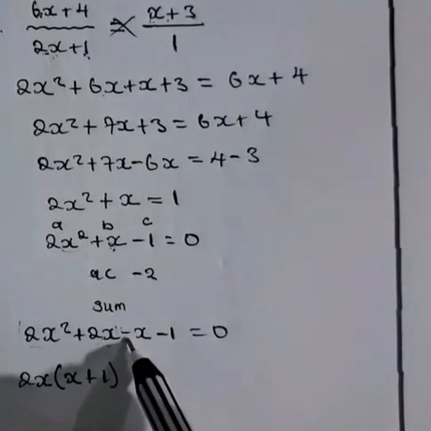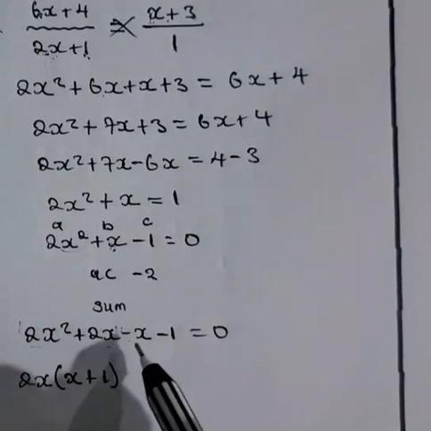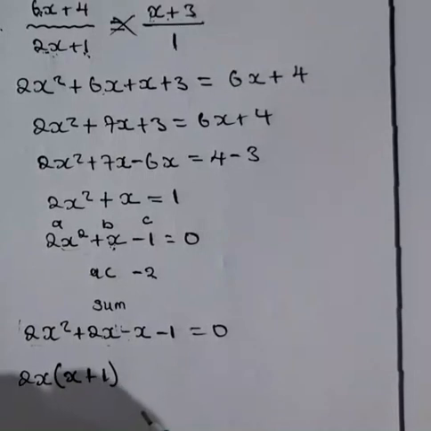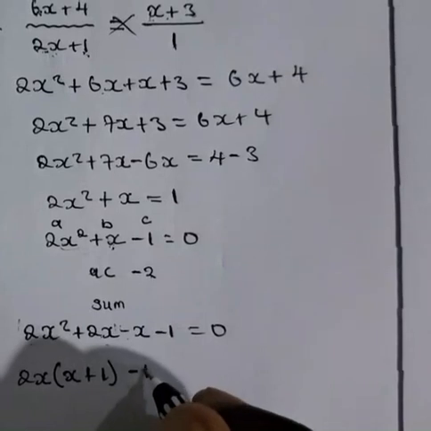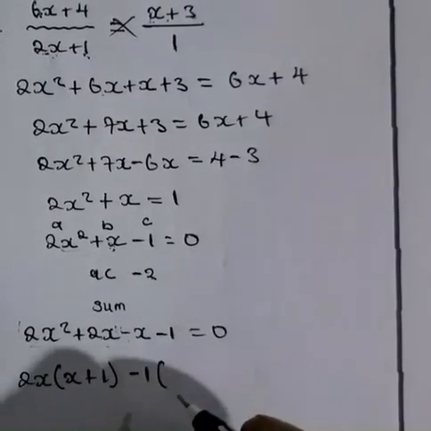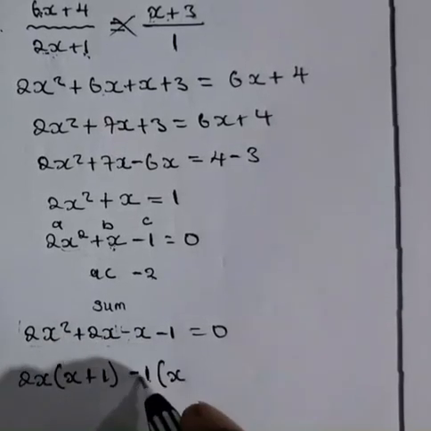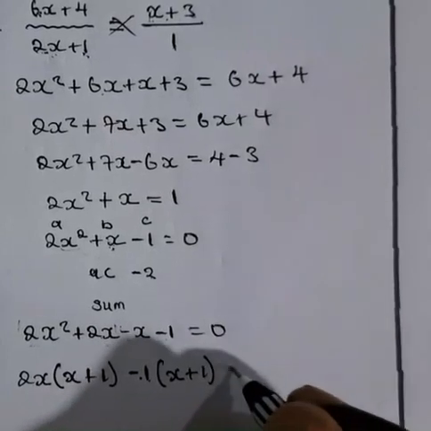What is common here and here? Isn't it negative 1? Yeah, it's negative 1 here. Negative 1 into negative x, that will be x. Negative 1 into negative 1, that will be plus 1 is equal to 0.